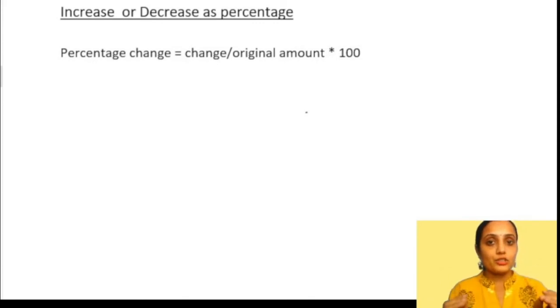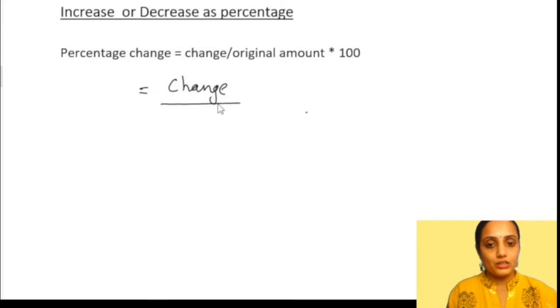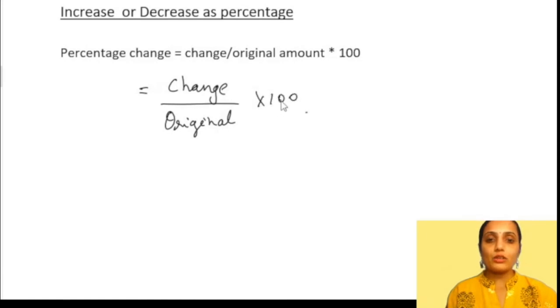Only the changed value will go into the numerator. So the change can also be taken as the changed amount minus the original amount. So that is basically only the change in value divided by the original, and that into 100. So express it in terms of fraction and then convert it into percentage.